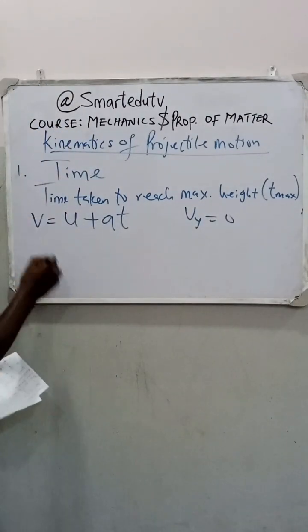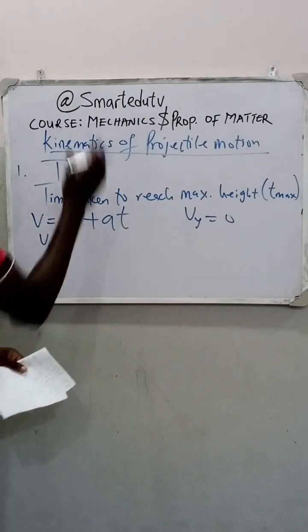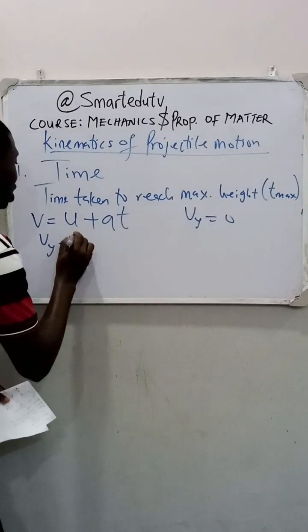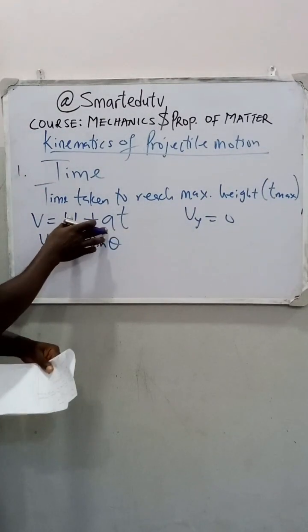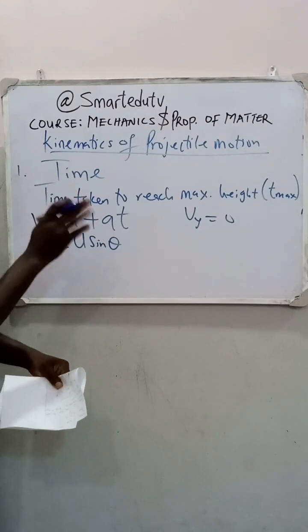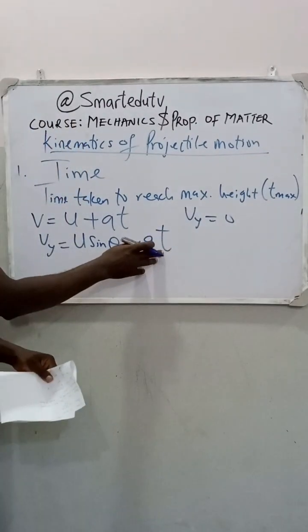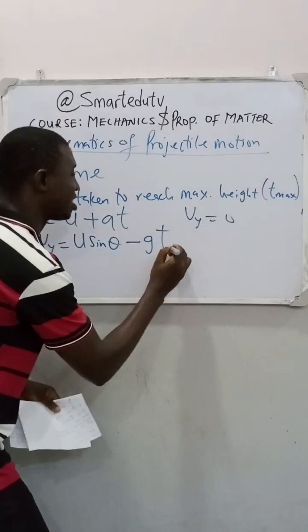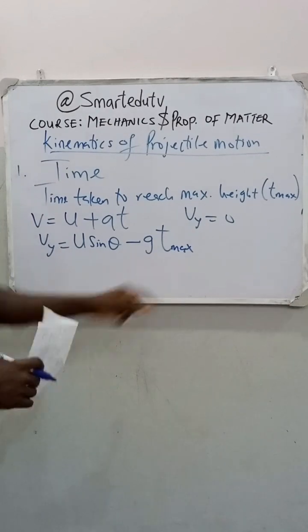So this can be written as Vy equals u along the y component, which is given as u sine theta. What happens to a along the y-axis? a becomes minus g, and t is not ordinary time. It's the maximum time, that is T max, the time it takes that object to reach the maximum height.